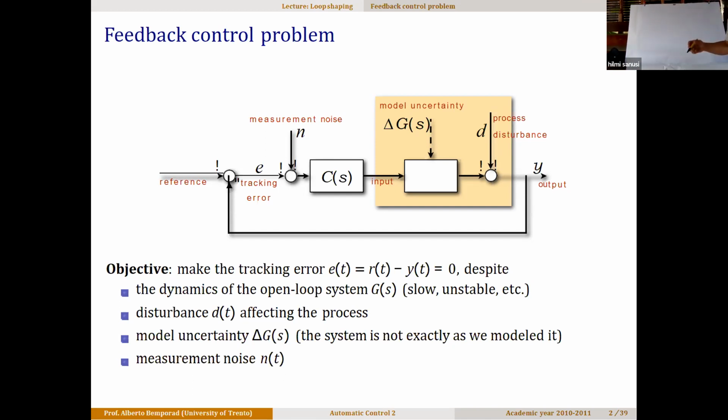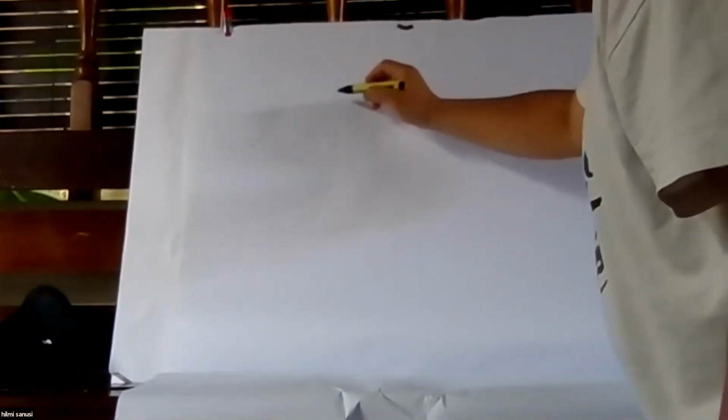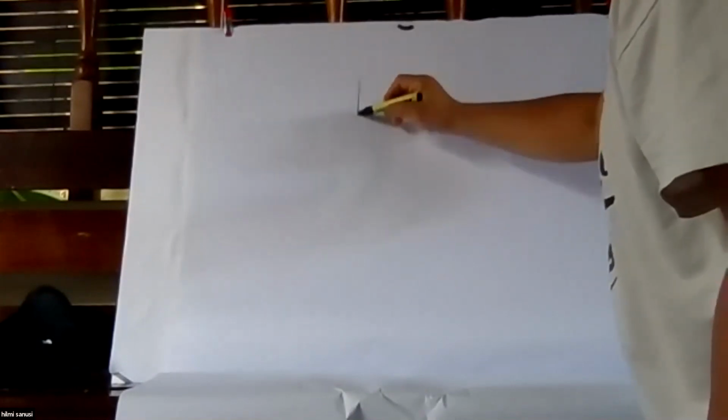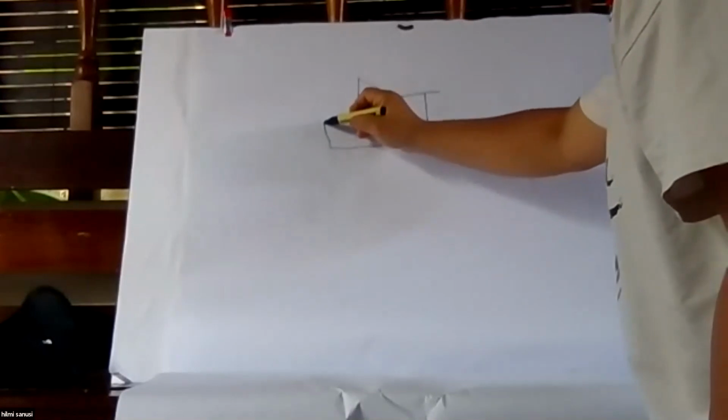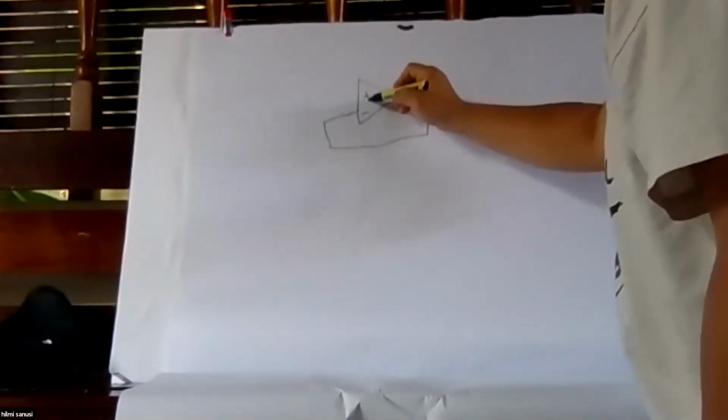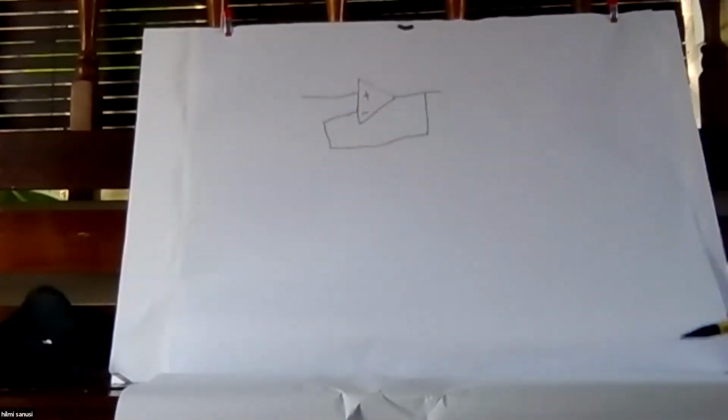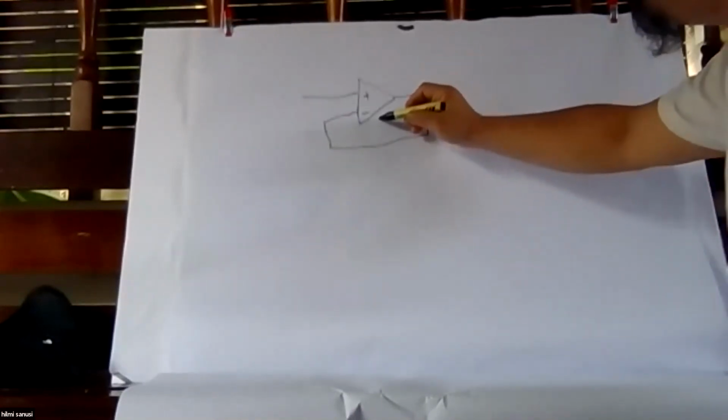Let's say I have an op-amp. Let me unshare the screen. Stop, share. Okay. Let's say I have the op-amp. Op-amp ni dia ada open loop gain.